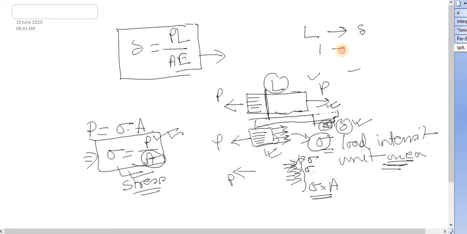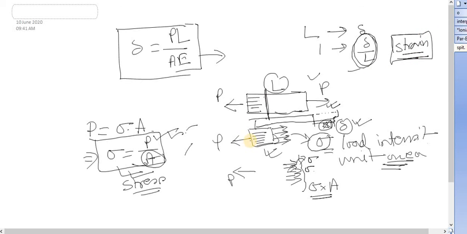For unit length it was increased by delta by L. And this increment for unit length is known as your strain. Clear? So you have learned what is stress, and now you have learned what is strain.